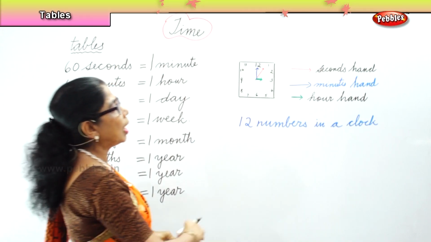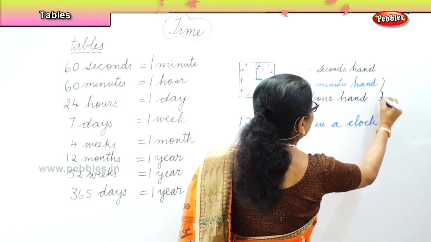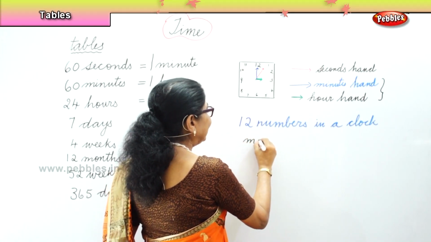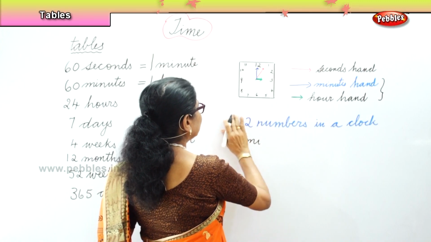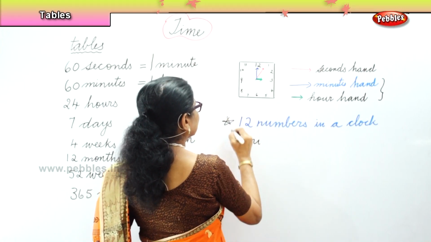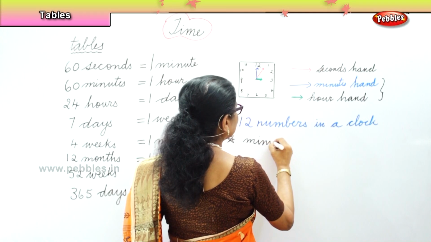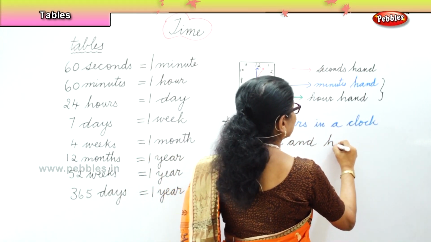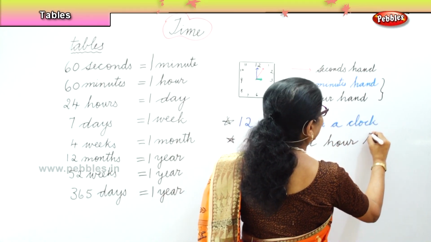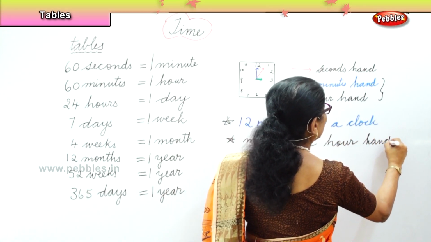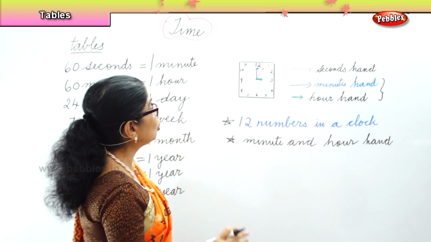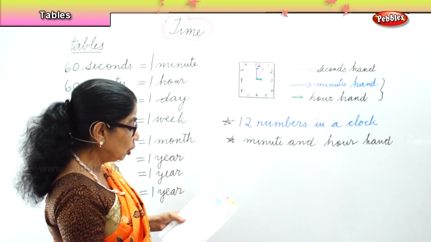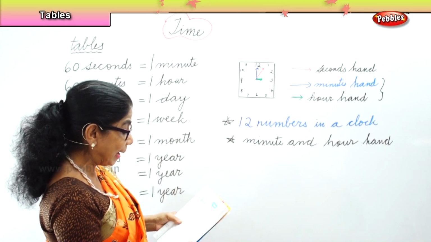Only these two, the minute and hour. Generally, in every clock you get only 2 hands, the minute and hour hands.